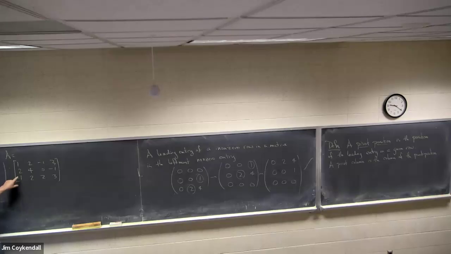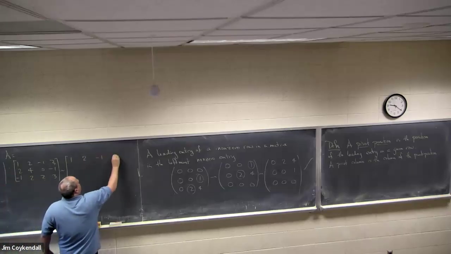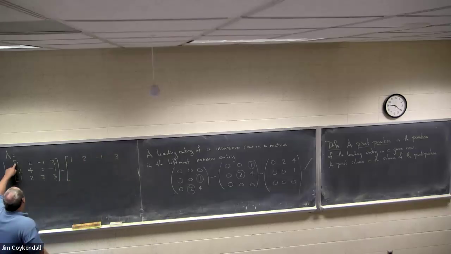Notice there's many ways to do this. You could key on this -1 or this 1. You might do it a different way than me, but again, the previous theorem says that no matter how you go about this, once you're done, you should get the same answer. I am going to use this first row. I'm going to multiply by -2 and take that out.